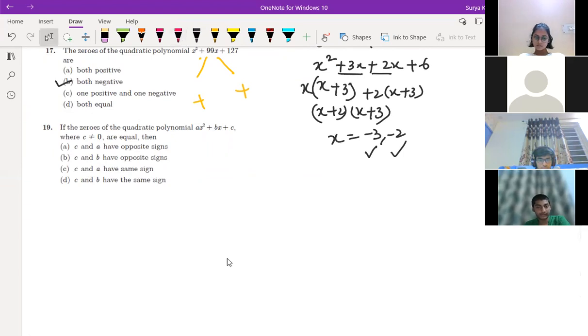Like, for x, it doesn't matter, because if you take 2 and 0, you'll get positive. So you meant to say C and A have what? Same sign. Yes. Is it correct, Drishi?